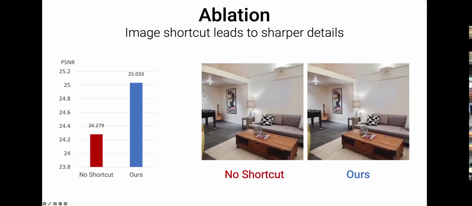And second, this image also shows, I don't know if you can see clearly, that adding this image shortcut leads to sharper details, so that this texture blurring problem is solved.